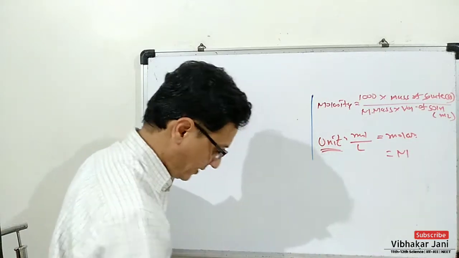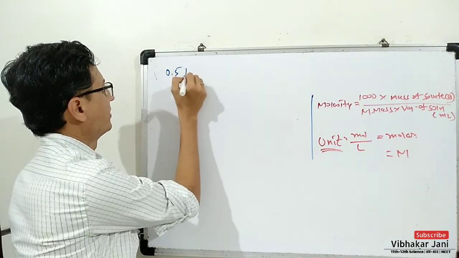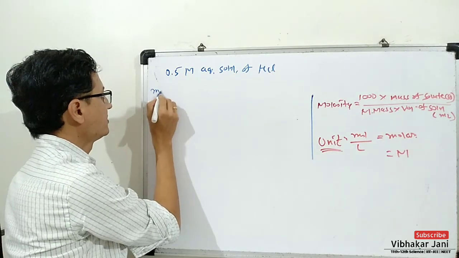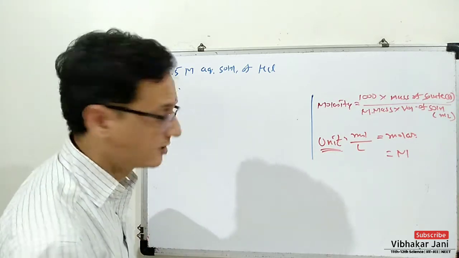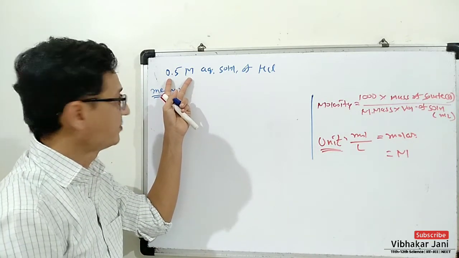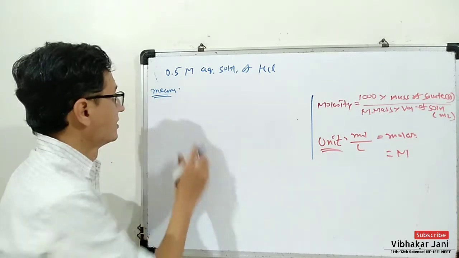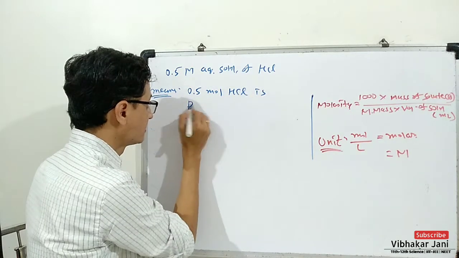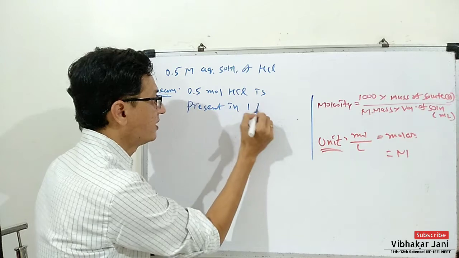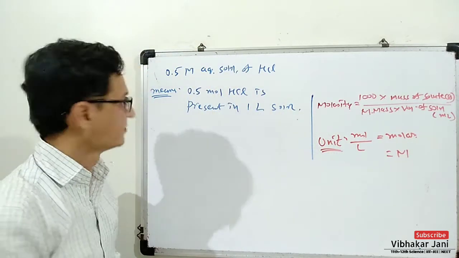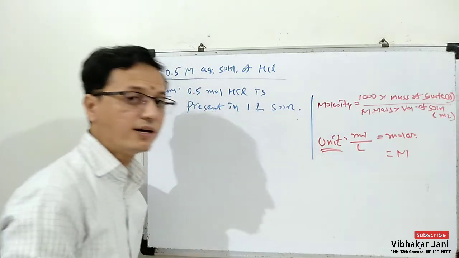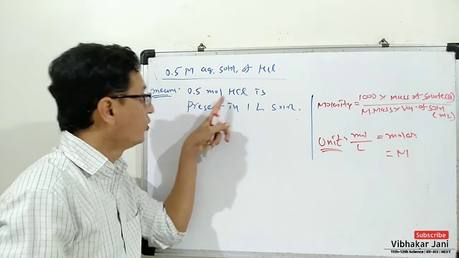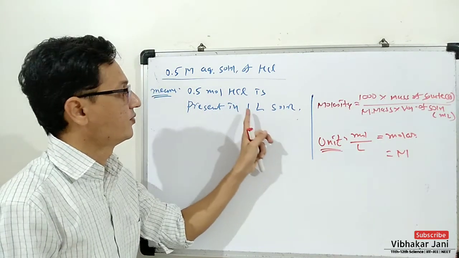Suppose if I write 0.5 molar aqueous solution of HCl, that means if these kind of statements are written, then it means 0.5 mole HCl is present in 1 liter solution.